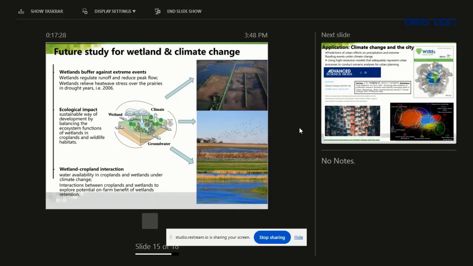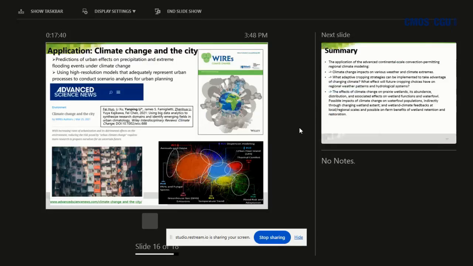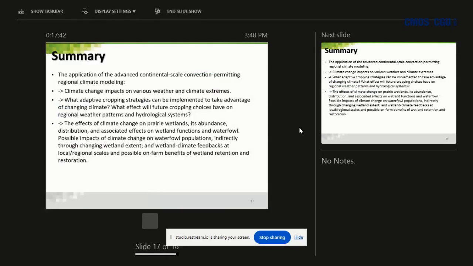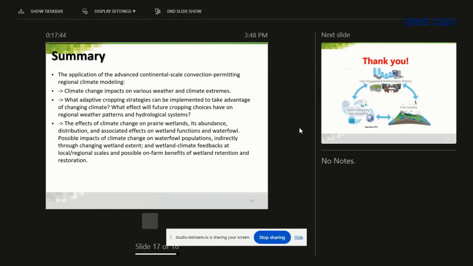Also, back to the Perry, we are then able to combine these two modules and look at the possible benefit of wetland retention and restoration. So I'm going to skip the city part and jump to the conclusion. Thank you.